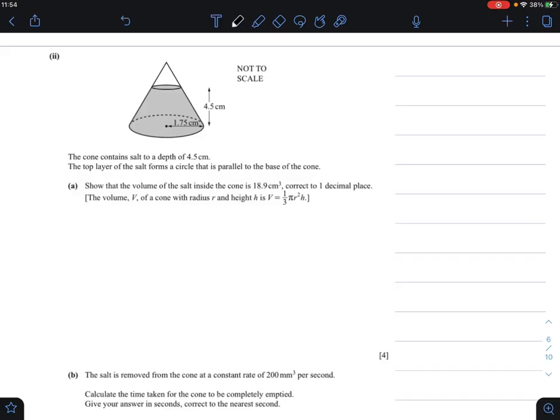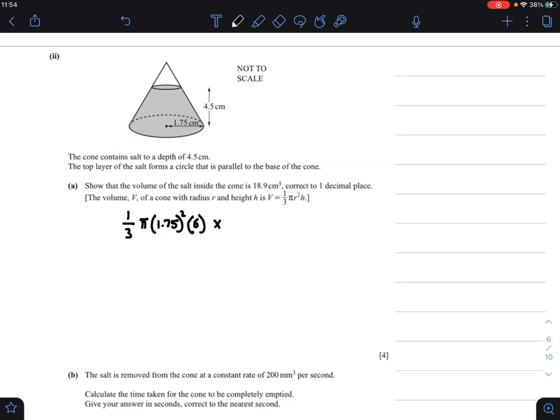So the volume of a cone is 1 by 3 pi r square h, as they've given. So 1 by 3 pi r in this case, which is 1.75 square, multiplied by the height, that is 6. So this would be the volume of the entire cone. Now we have to minus that top part.